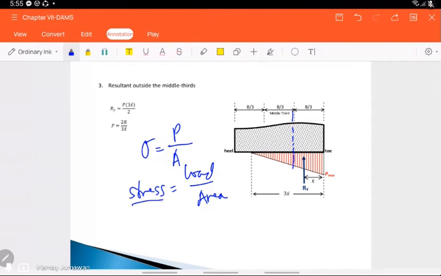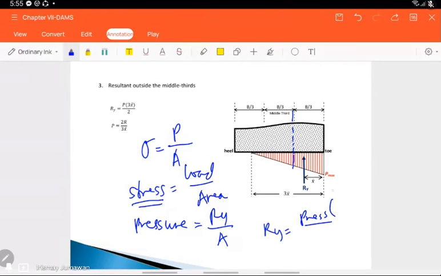So our stress is the pressure. Then you have the resultant over A. So Ry is equal to pressure times the area.